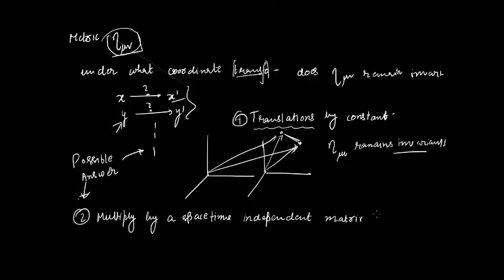In fact, let's just call it Λ, a capital lambda. So this Λ is a space-time independent matrix.